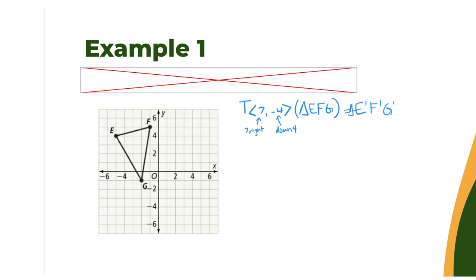E is the point (-5, 4). F is at the point (-1, 5). And G is the point (-2, -1).